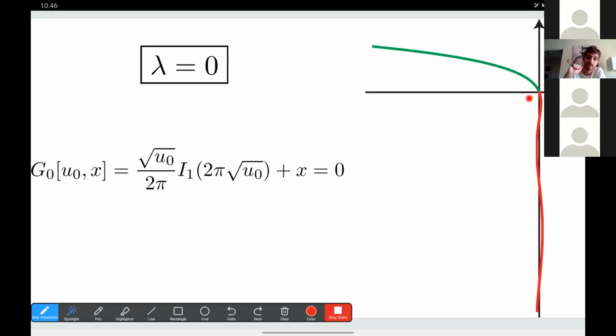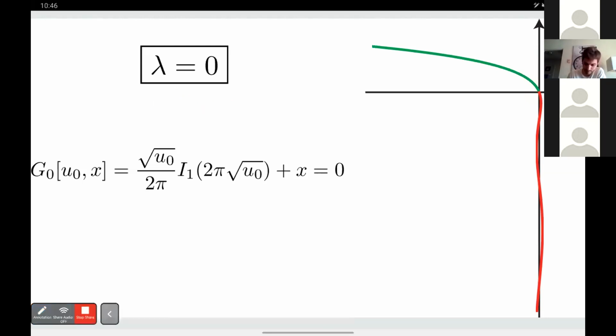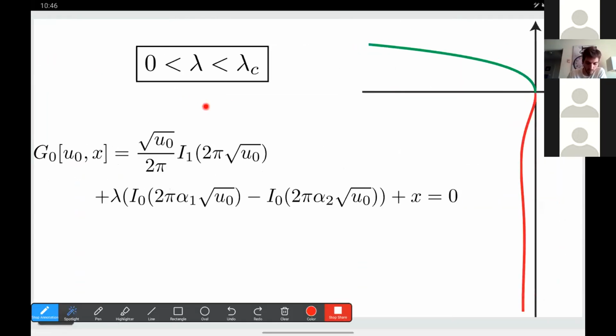So now let us start turning on the deformation. This means going away from lambda equal to 0 and seeing what happens. So let us consider lambda in this range, okay? Lambda between 0 and smaller than the lambda critical. The constraint that we get in this case is a little bit more complicated, okay? Because we have this additional contribution. But if you plot this function, what you get is a very similar story.